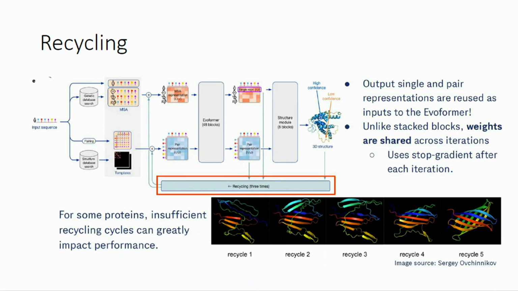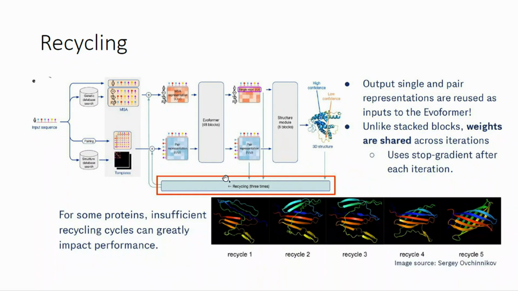So what this recycling is doing here is you basically start everything over from the beginning, but the next time you make use of the information that you predicted in the first round. And how you do it is you add this predicted structure information back to the pair representation and the MSA representation. Because we know the pair representation is basically your initial guess of what the structure could be.